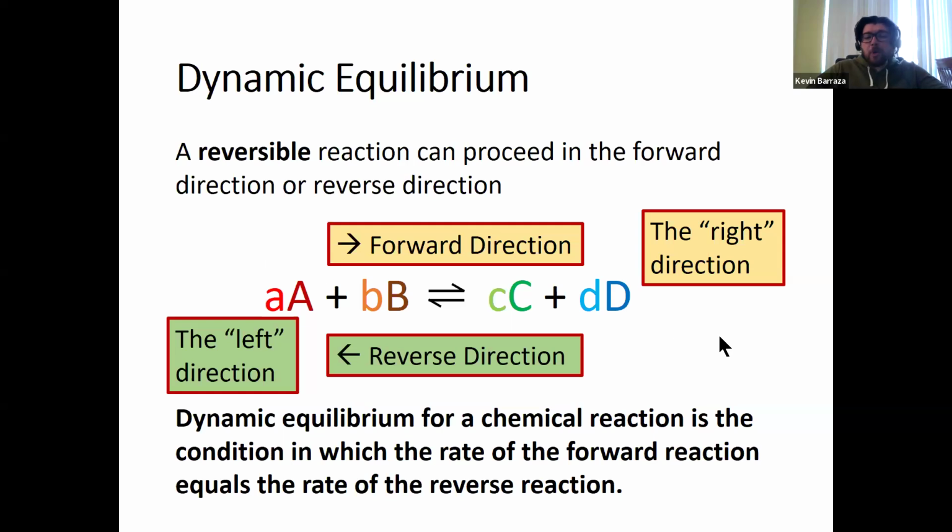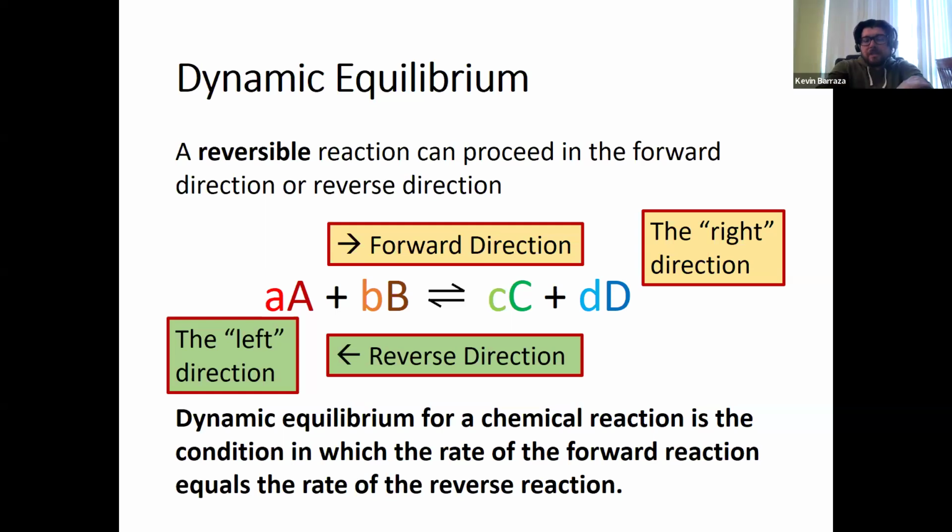Going forward for a chemical equation is reading it from left to right. And in that sense, we call moving in the forward direction the right direction. If we want to discuss the reaction going backwards, the reverse direction, then we read the reaction from right to left. We call that the reverse direction, or also the left direction. So we're talking about directionality, right versus left.